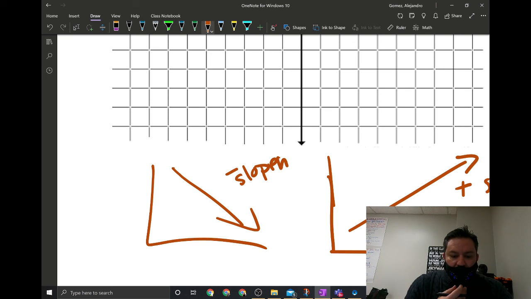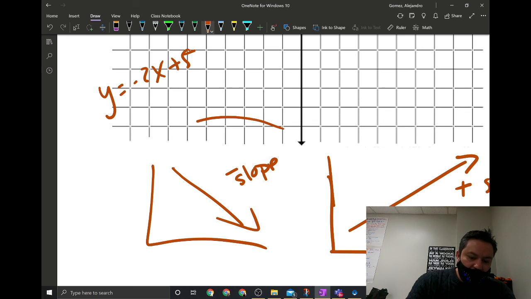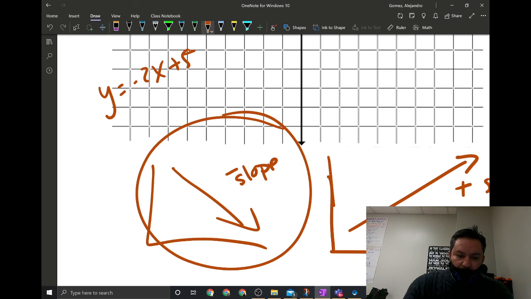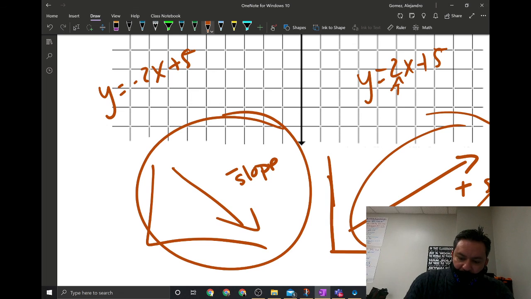That means your m is going to be negative. So that's something you gotta pay attention to. If you have an equation y equals negative 2x plus 5, the graph has to go down. If you have an equation y equals 2x plus 5, then it is positive, so it has to go up. Gotta pay attention to those little details.